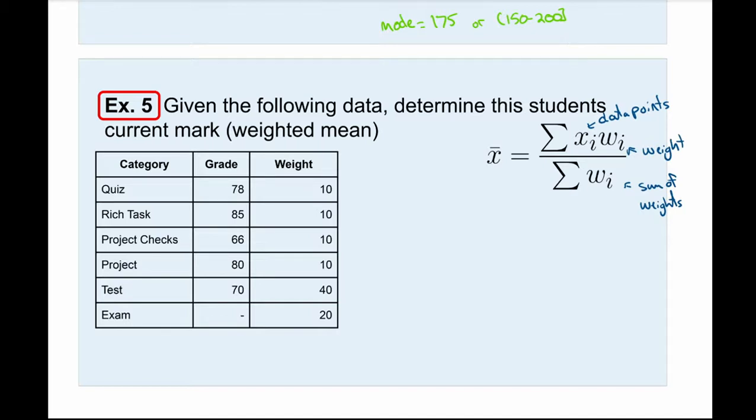I have to add up all of their values multiplied by the weight. So 78 times 10 plus 85 times 10 plus 66 times 10 plus 80 times 10 plus 70 times 40.